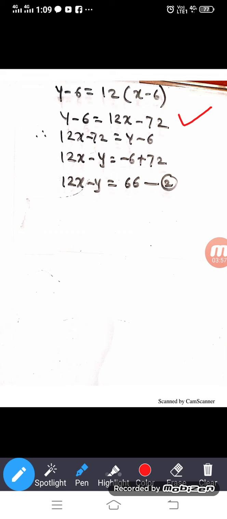To rearrange this equation, first write 12x minus 72, then next to write y minus 6. Then in this equation, plus y goes on this side, we get 12x minus y. Minus 72 goes on this side, we get minus 6 plus 72. Then 12x minus y is equal to 66. This is the equation number 2.